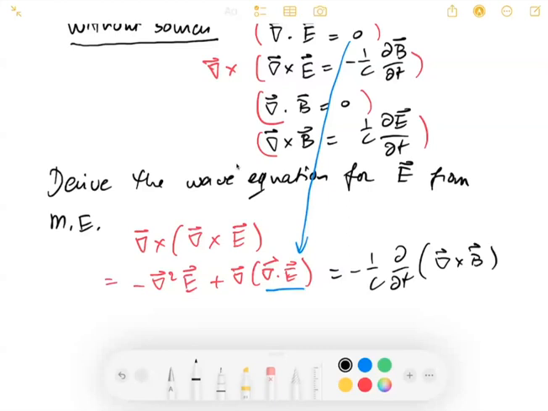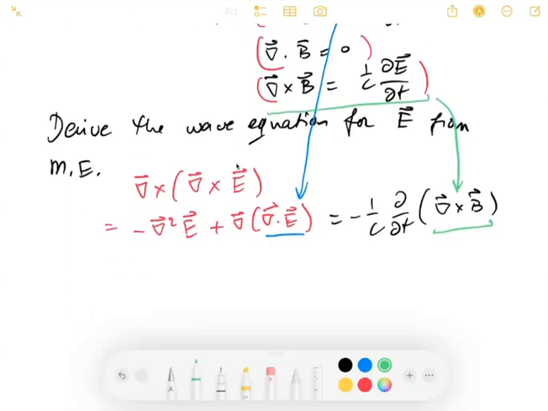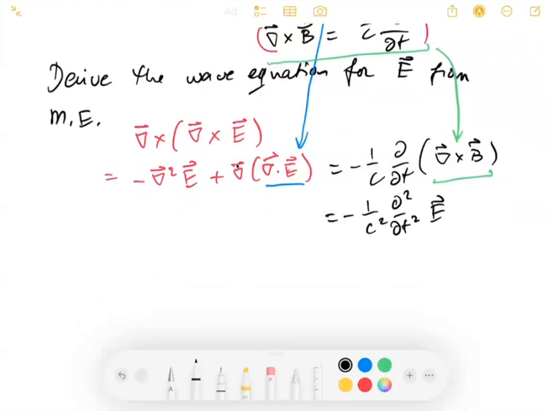Okay, now the curl of B, in comes to the rescue this guy. So we can write this as 1 over c squared, and then that means we have a double derivative with t, and it just becomes E. And now we have a minus and a minus on the left and on the right.